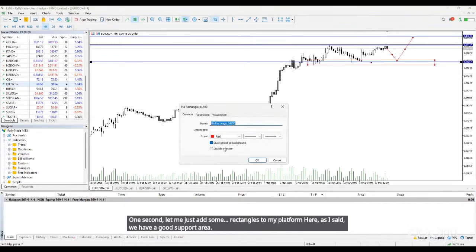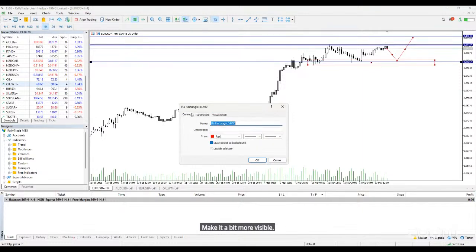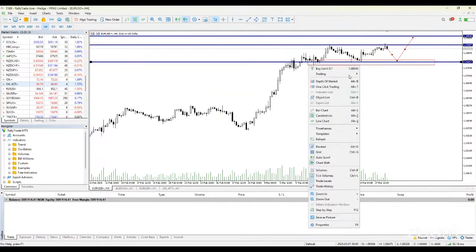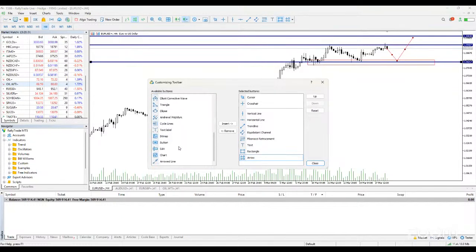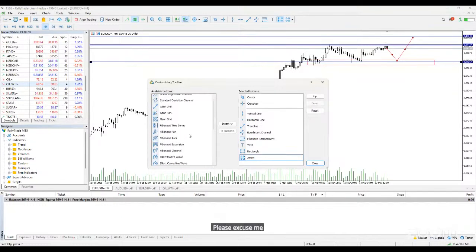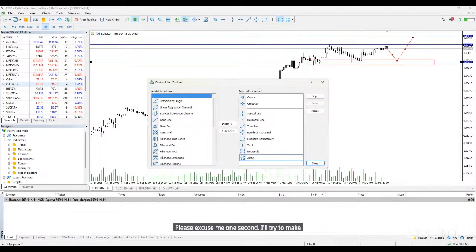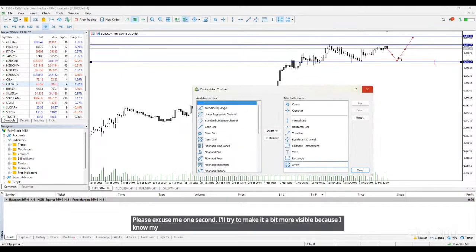Let me make it a bit more visible. Okay. Doesn't seem to want to do that. Please excuse me one second. I'll try to make it a bit more visible because I know my chart is very small.